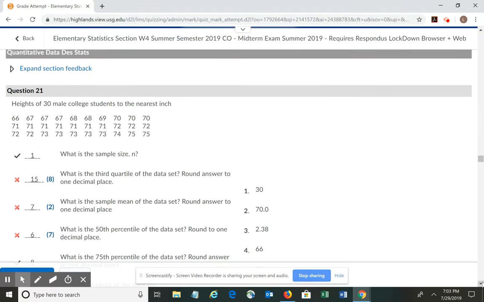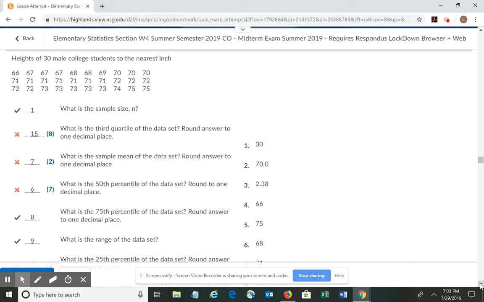Okay, then question 21. Question 21 is probably the hardest one to grade because you have to calculate the actual statistics and then try to match them up. And some of this matching got really tricky. Okay, so if I were doing this particular problem, I would take those numbers and enter them into my calculator as a list and get my answers and then try to match them up.